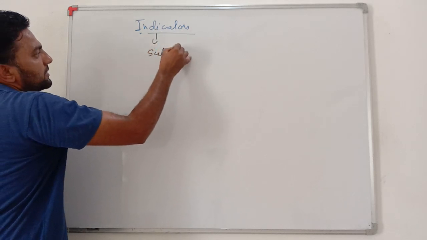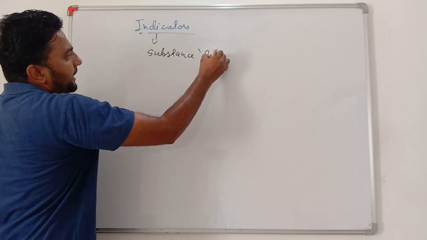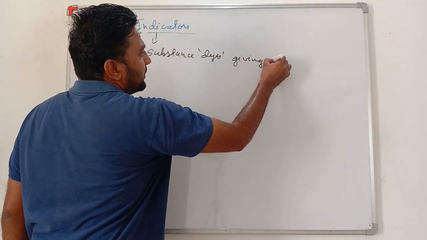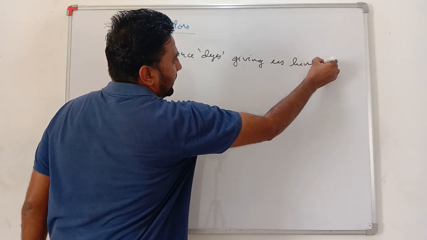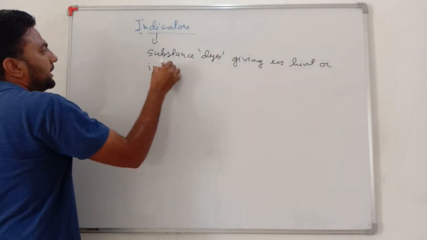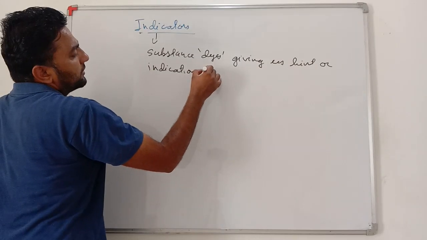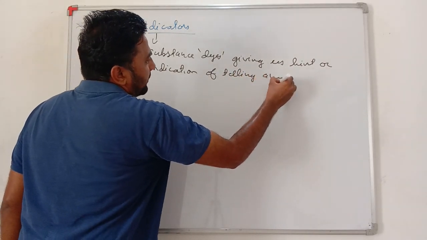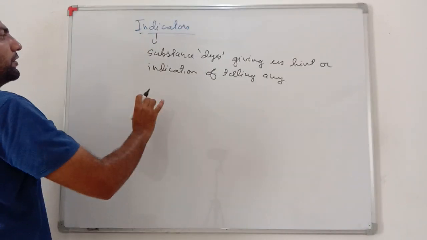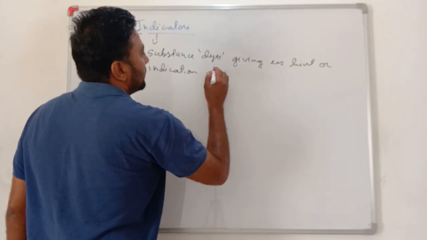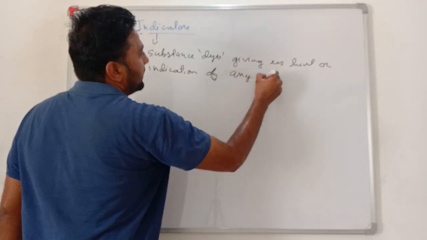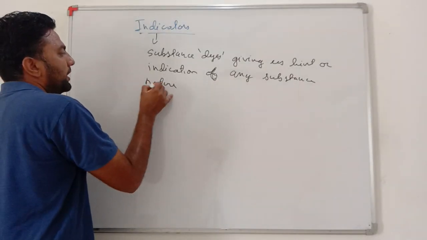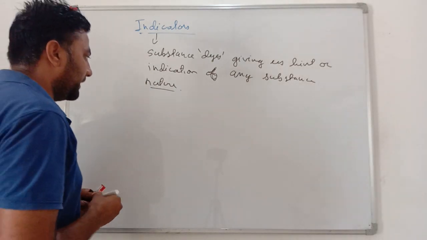These are substances, or you can say dyes, giving us a hint or indication of any substance's nature.